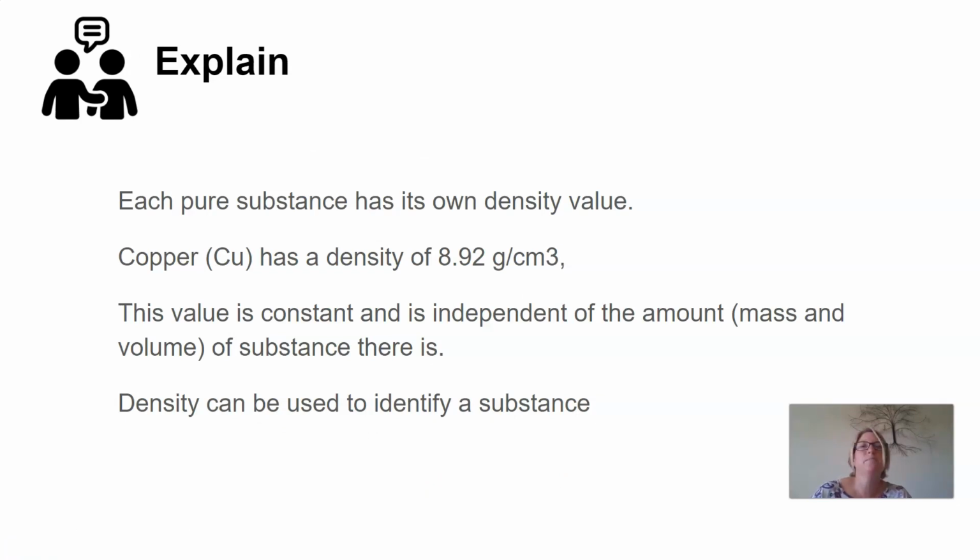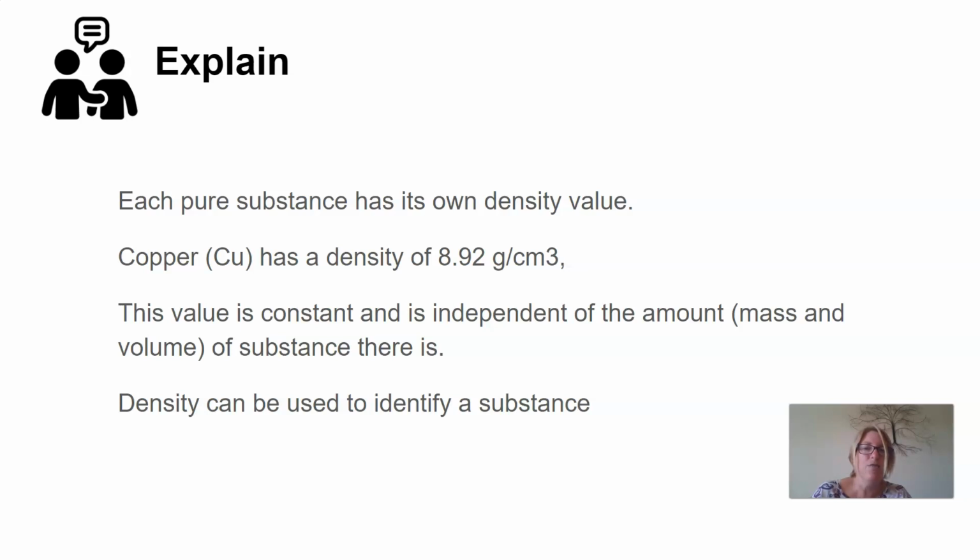So just to explain what we have done, each pure substance has its own density value. And if you need a revision of pure substances, you can go back to one of our earlier lessons on atoms, elements, compounds, and mixtures. So a pure substance refers to elements or compounds.